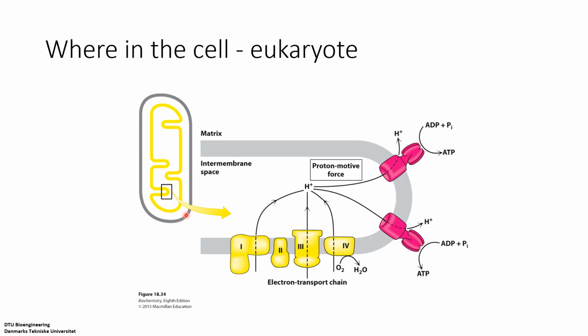The space in between is called the intermembrane space, not to be confused with the matrix. The matrix is what's inside the mitochondria, and then the cytosol is around here. So what we see here is a depiction of the inner membrane with the electron transport chain complexes 1 to 4, and the ATPase over here.